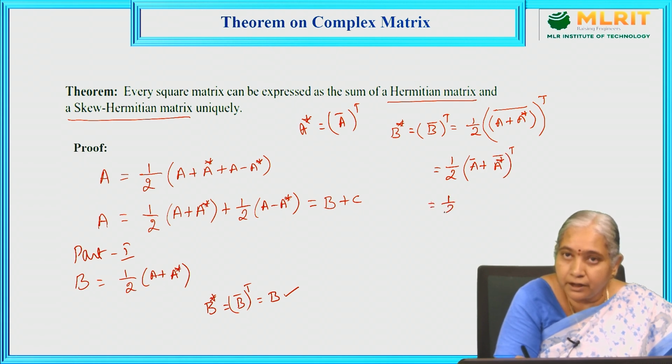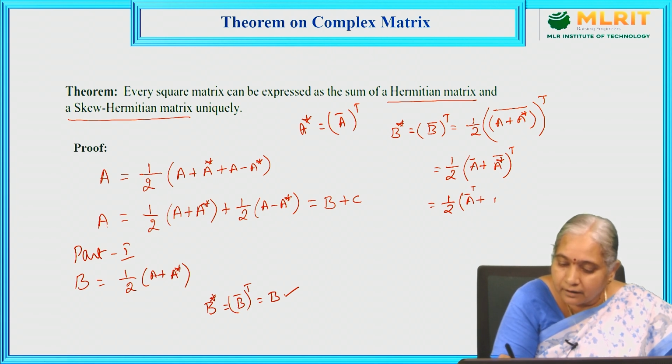So 1/2 into A conjugate transpose plus, here, A star means A conjugate transpose whole bar, whole transpose.